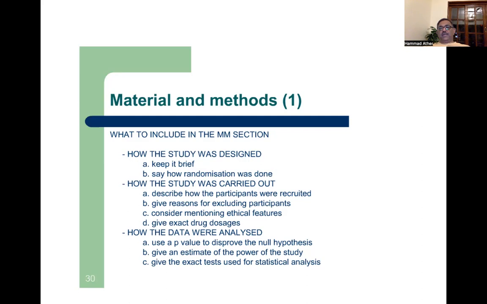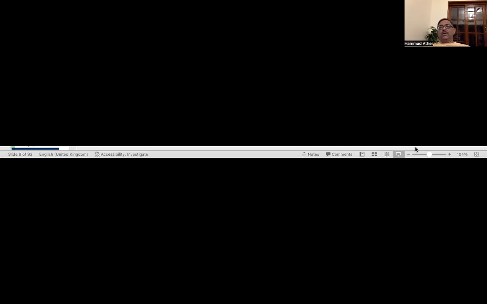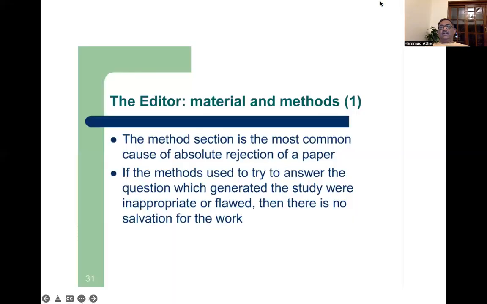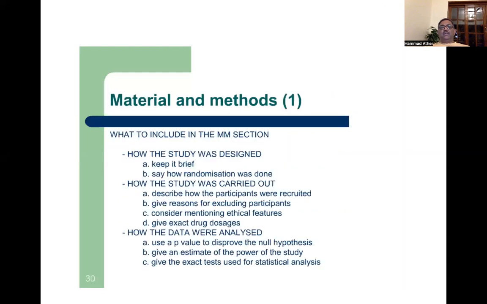You have to mention the ethical features and ethical approvals, and these are important now, and most of the journals nowadays do not accept articles which have not been approved by the ethical committees. The data analysis, how the data was analyzed, the probability values, what was the hypothesis.